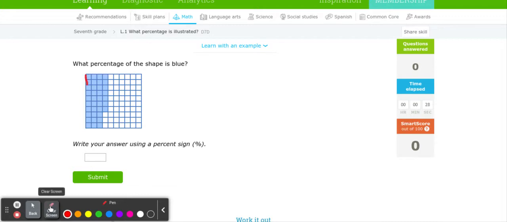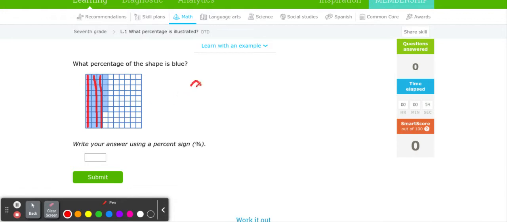As you know, this is a hundreds block, so we know that every single line or row or column is equal to 10. So we know that all the blocks within the red line are 10. So that's one group of 10. We have another one right next to it, and then we have another one right next to that.